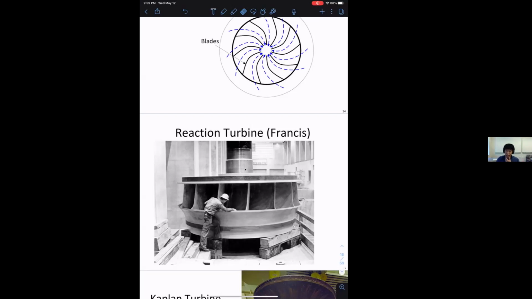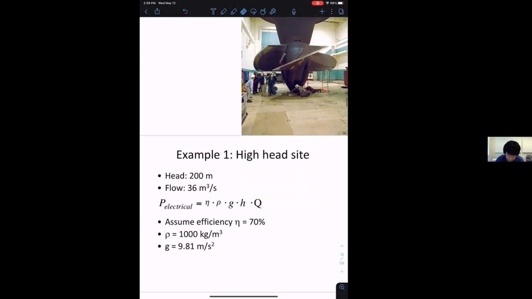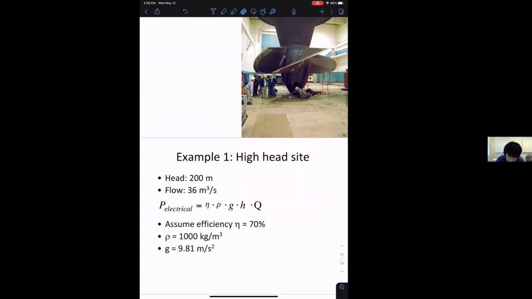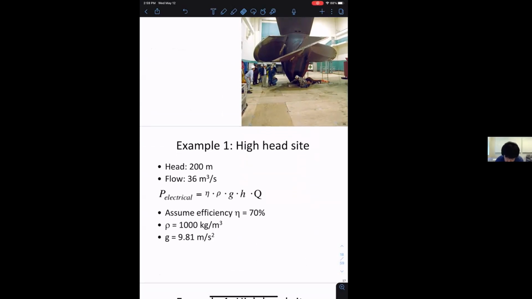Okay, good. All right, so let's do one example with some numbers. There are some typical numbers. Let's say I have a reservoir. I have a flow of 36 cubic meters per second, 70% efficiency, the density of water and the value for g. The idea for this calculation is to get some feeling for the values we can get.